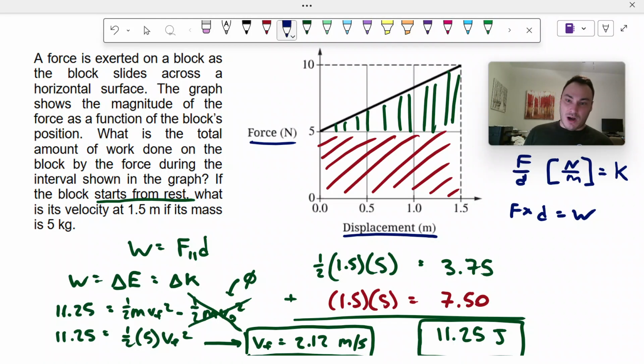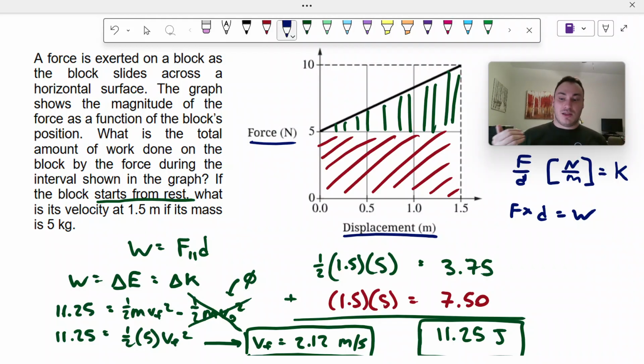Another place we often see force versus displacement graphs is analyzing springs. I've seen a lot of questions centered around a student doing an experiment with a spring and they're graphing the force versus the mass, or the force versus the displacement of the spring. So they're stretching the spring out to different intervals and graphing the force.